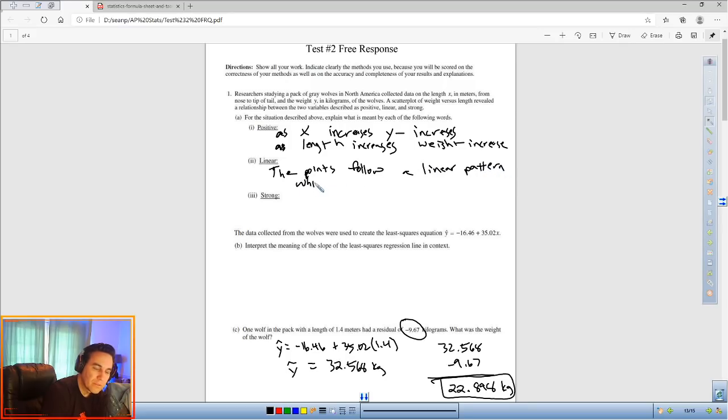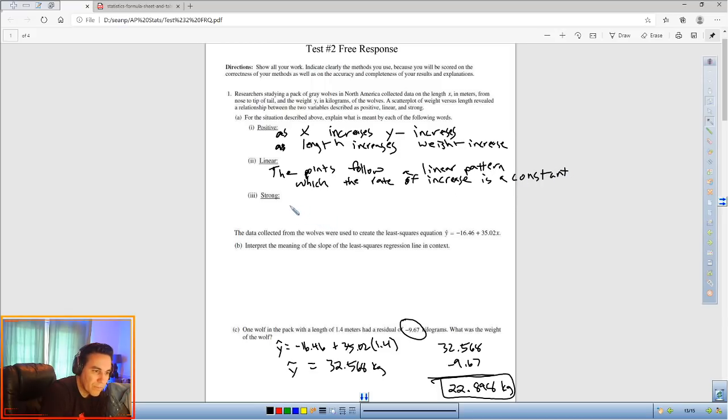which means the rate of increase, right? Which means if you just think about your math skills, it means your rate of increase is a constant because it's a linear pattern, okay?